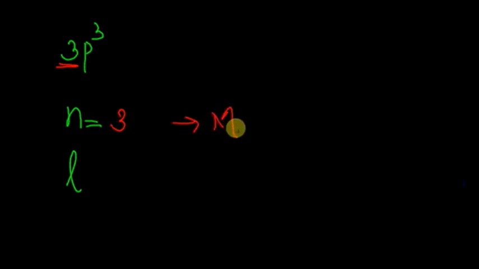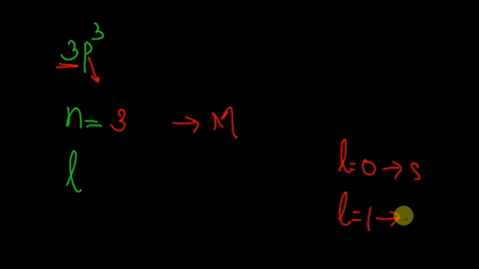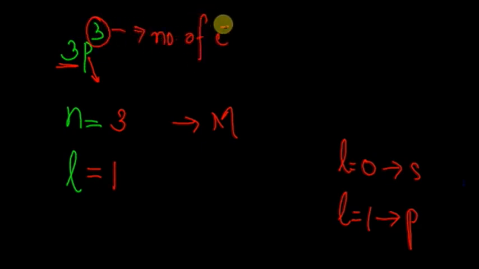That is the third energy level, or the M shell. The p orbital gives us the value of l, which is the azimuthal quantum number. We also know that for the p orbital, the value of l is equal to 1. And the exponent 3 refers to the total number of electrons in that orbital.